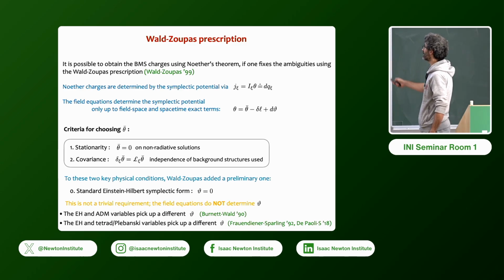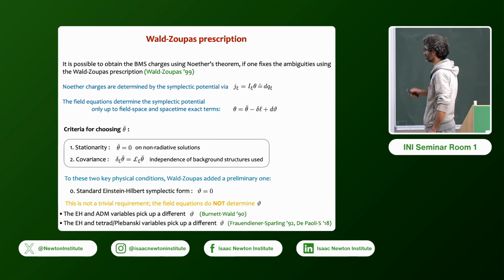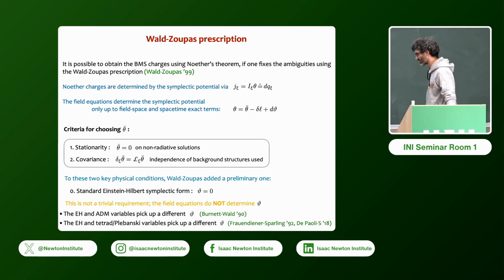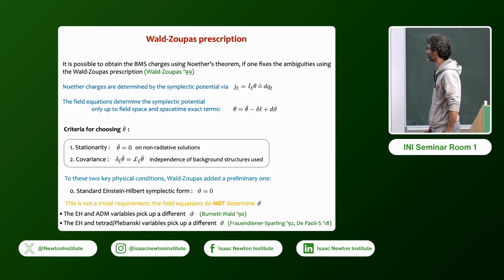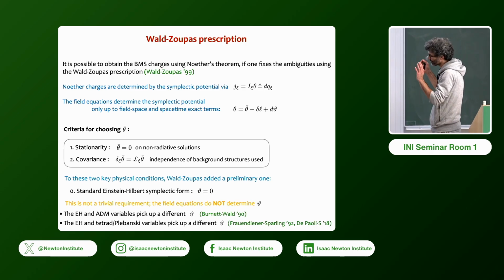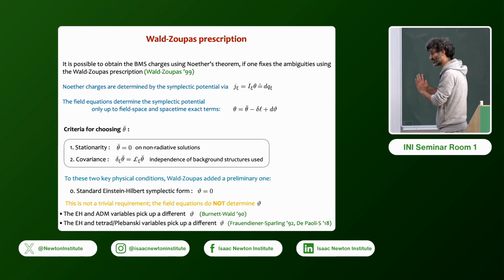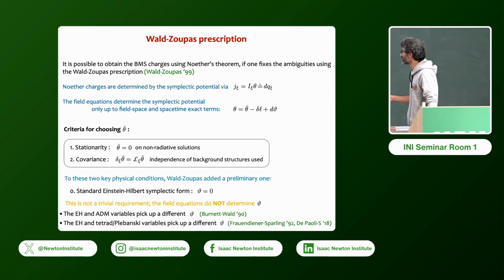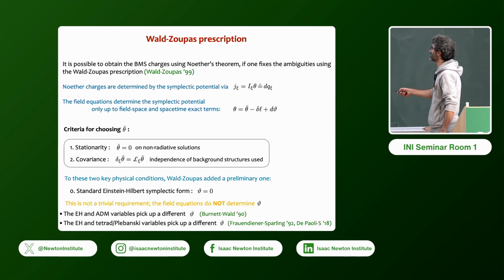Now remember that in this cohomology class, this does not affect the symplectic 2-form, but this does. So actually, Wieland and Zupas added a third requirement that they don't want to do that. They just want to stick with the standard, naive, if you want, symplectic structure that you can read from the Einstein-Hilbert action. I'm going to call it condition 0, not 3, first because they impose it first, and second because I would like to relax it in some situations. It's actually known that this var theta in general is not trivial.